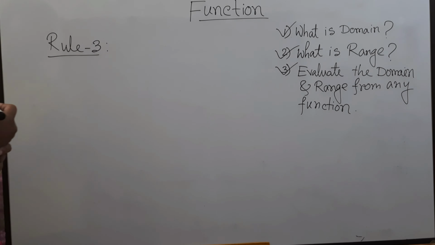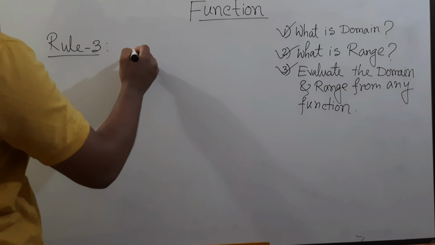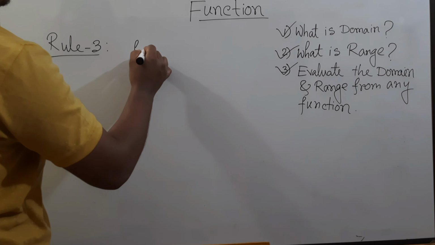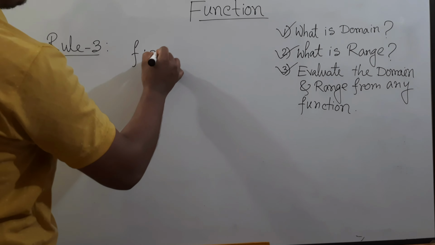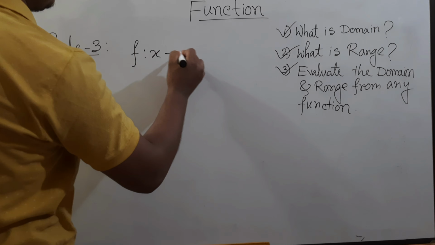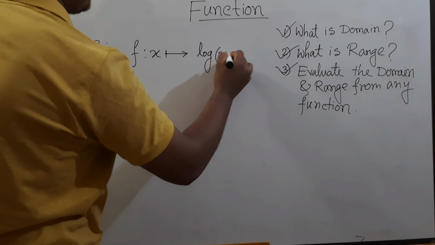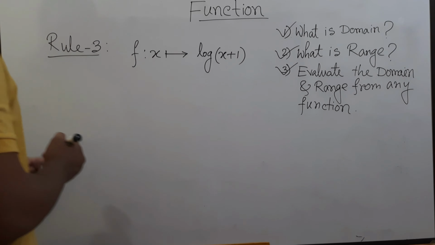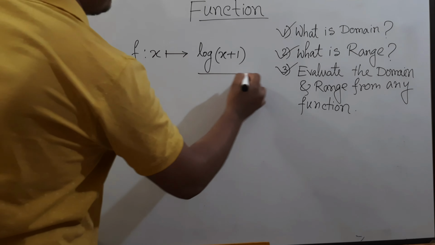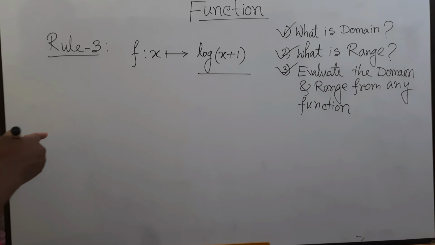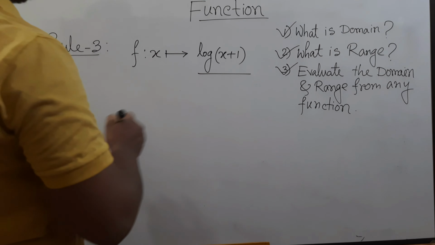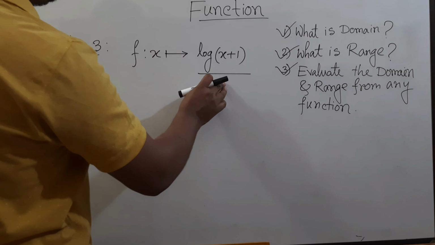If the function is a logarithmic function, like f such that x maps to log(x + 1), we know that log does not take any value which is 0 or less.